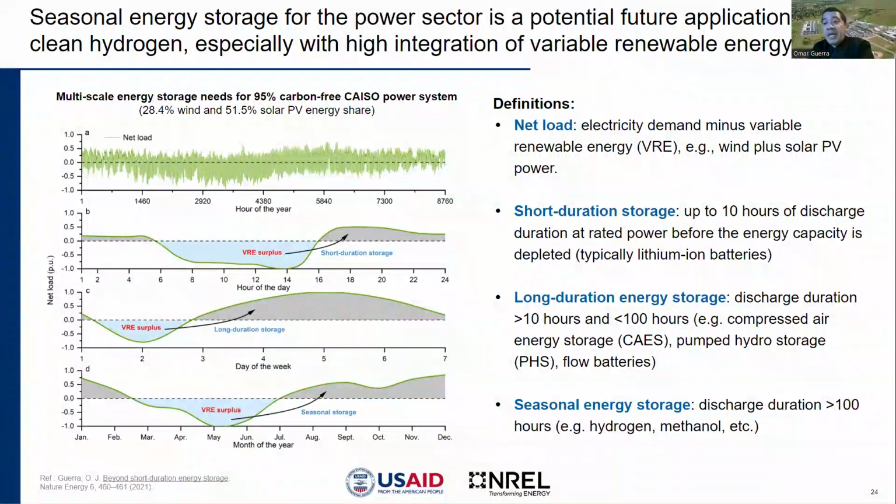And for seasonal applications, hydrogen is very cost-effective in comparison with any other storage technology. So I don't see any other technology competing with hydrogen for seasonal storage. So in the future, this could be a very, very important application for hydrogen. Next, please.